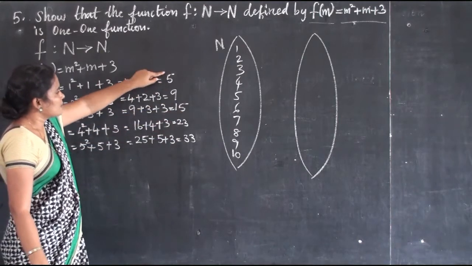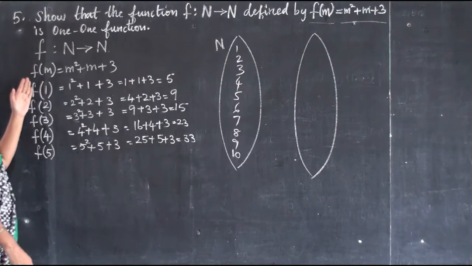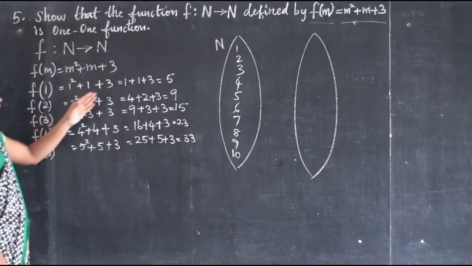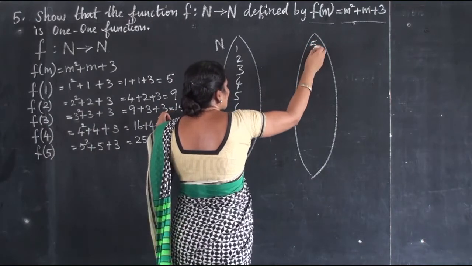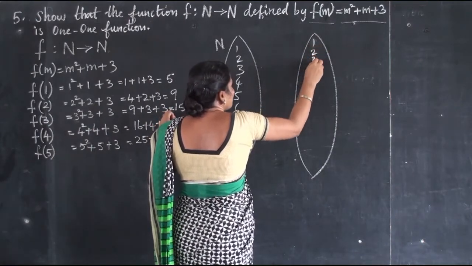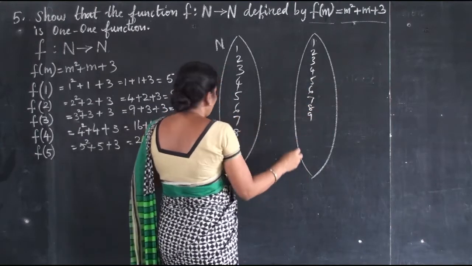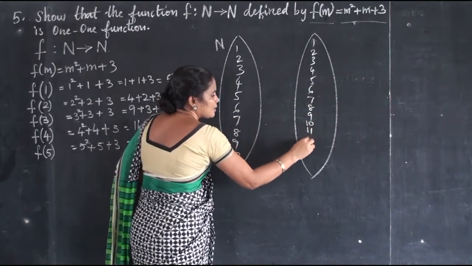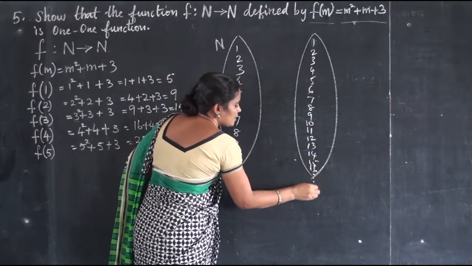So you can judge whether it is one-to-one by using f of 1, 2, 3. You need not write up to 33, it will keep on moving. Since it is a natural number, write 1, 2, 3, 4, 5, 6, 7, 8, 9, 10, as it goes on.